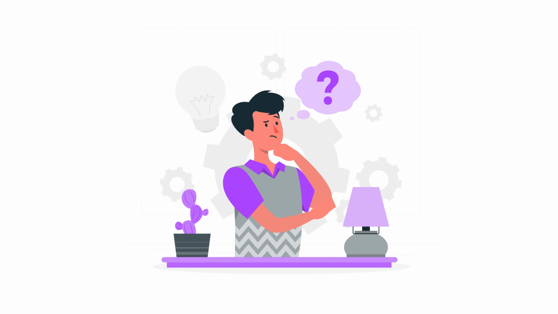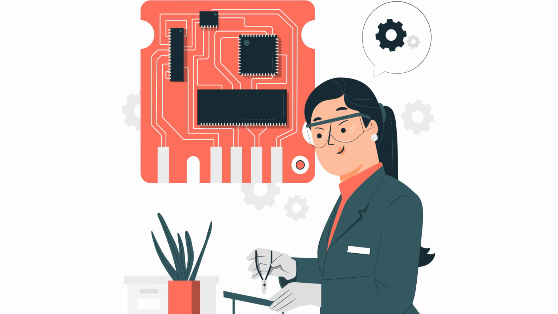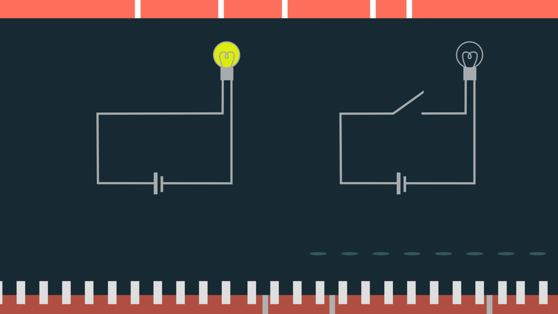Okay, but why? Why do we even need systems like octal or hexadecimal when we already have decimal? Well, it comes down to readability, efficiency, and context. Let's break it down. Binary is essential because computers operate at the hardware level using electrical signals that are either on, 1, or off, 0.